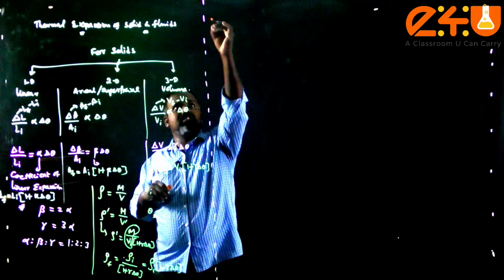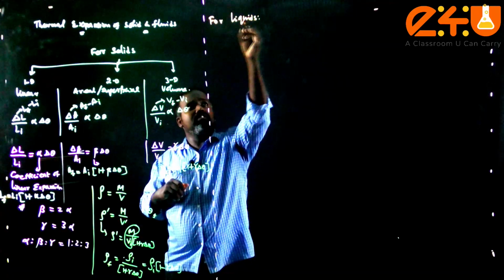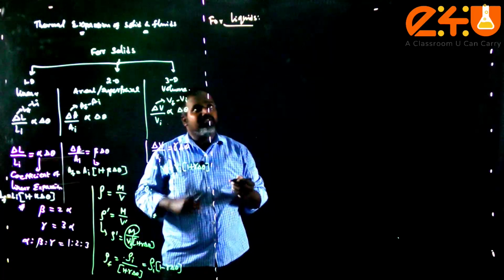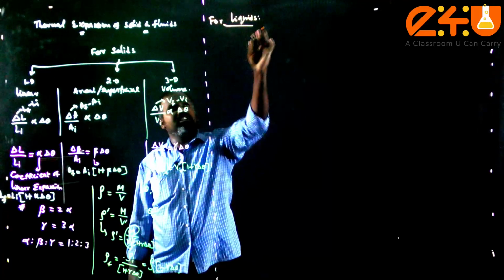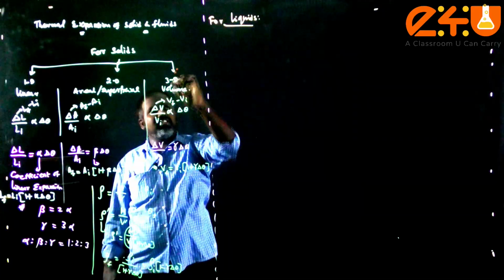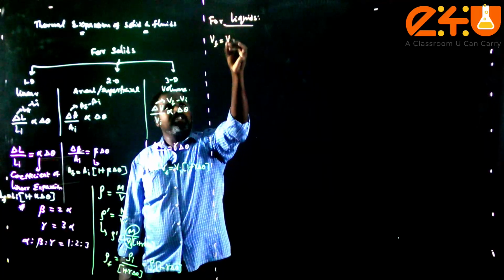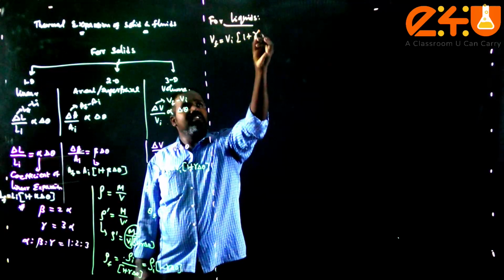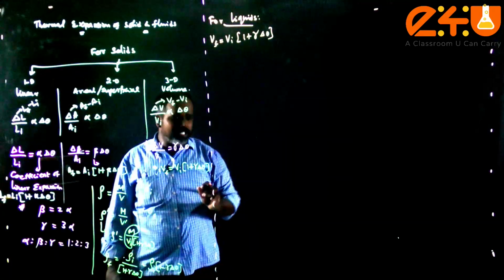Therefore, for fluids or for liquids, the first one is the change in volume. The dominant expansion is three-dimensional volume expansion only. Therefore, V final is equal to V initial into 1 plus gamma into delta theta. This is the coefficient of volume expansion.